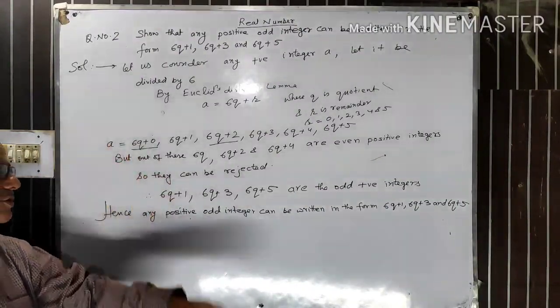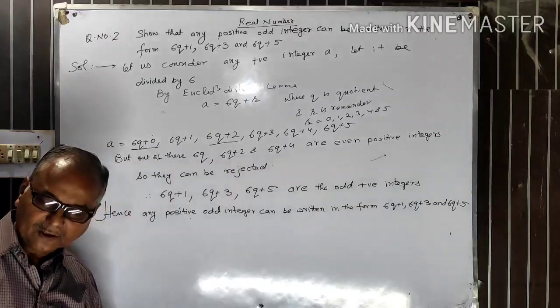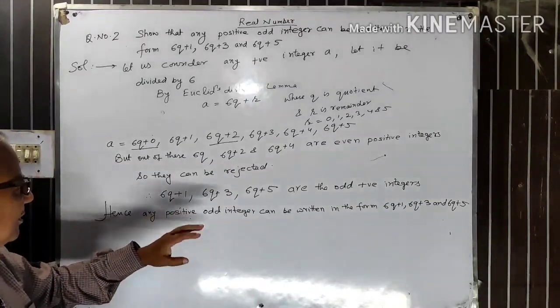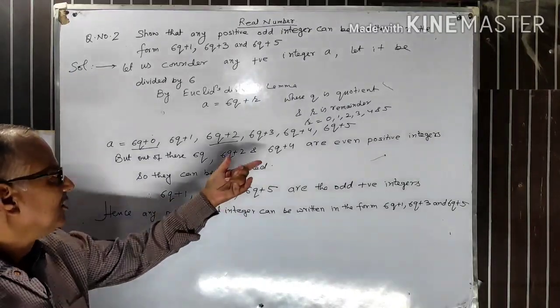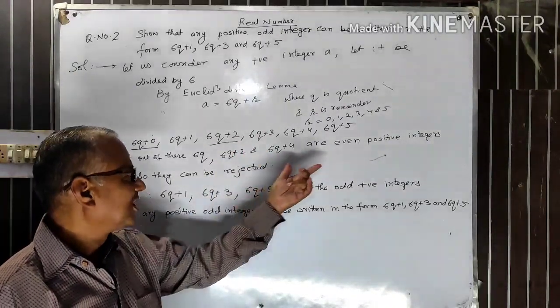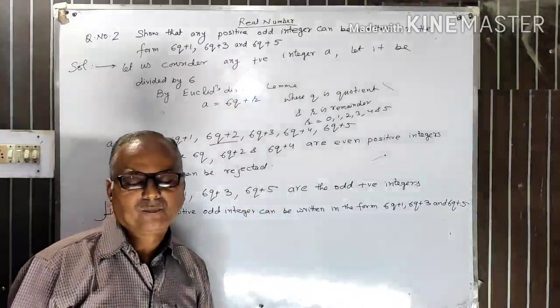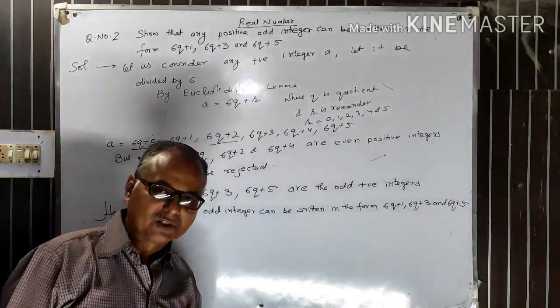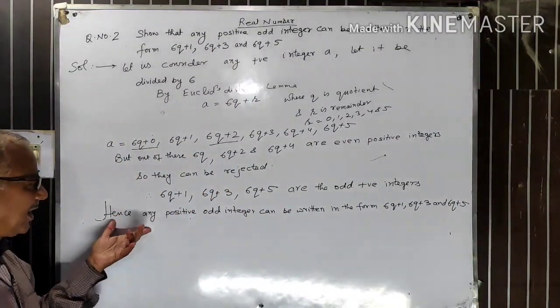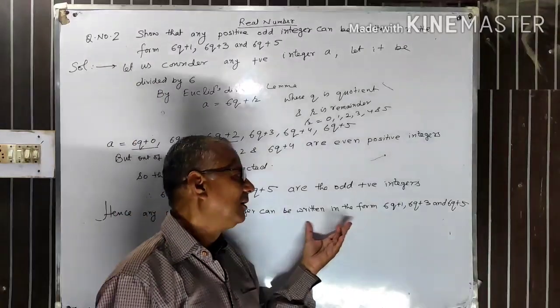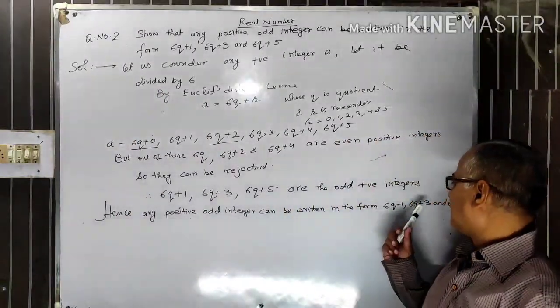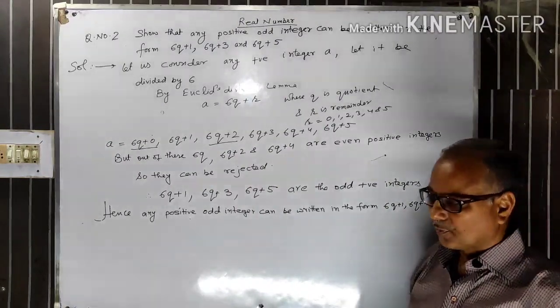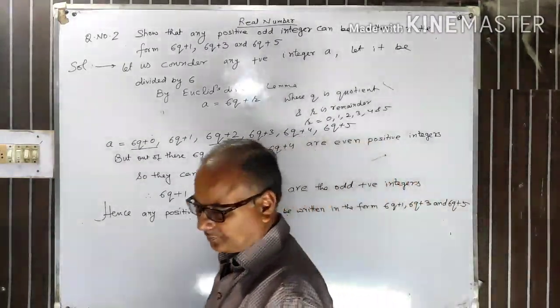So even positive integers can be deleted. So we are left with 6q plus 1, 6q plus 3, 6q plus 5. These are the odd positive integers. Hence, any positive odd integer can be written in the form 6q plus 1, 6q plus 3, 6q plus 5.